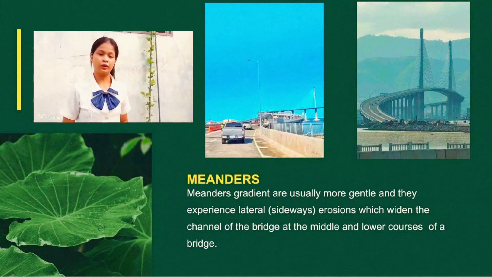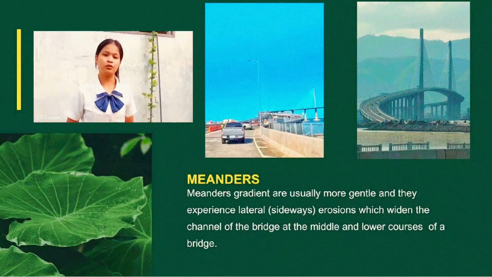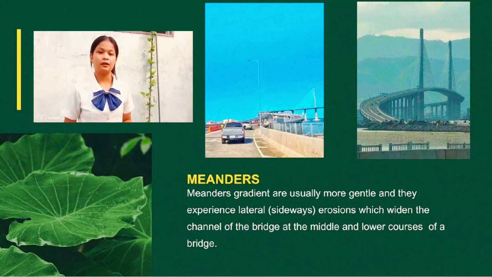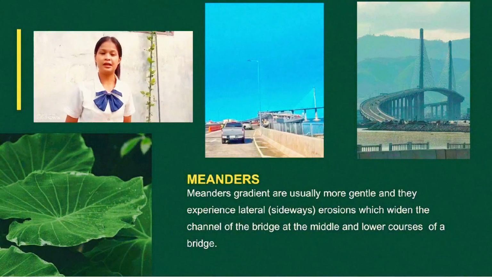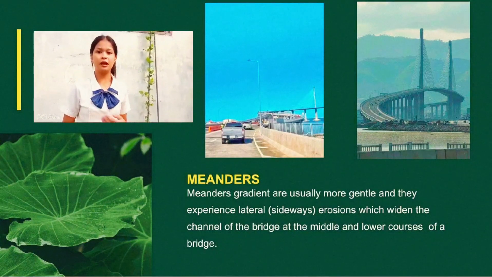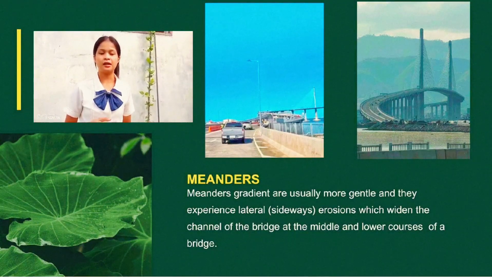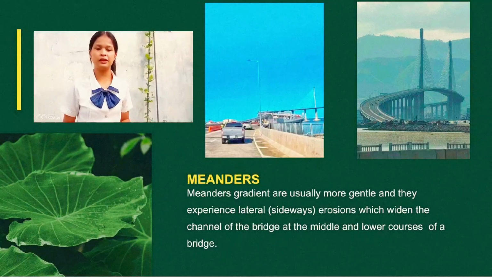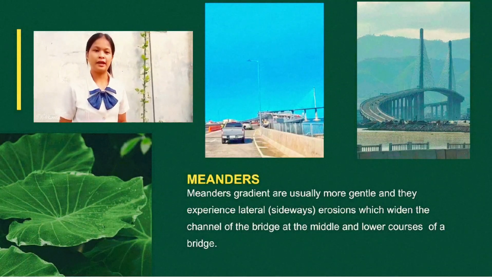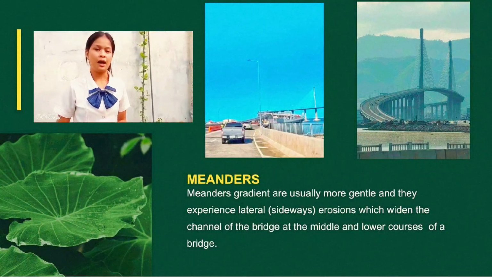And I captured one example of a meander pattern. In the picture, as you can see, it is the Marcelo Fernan Bridge, and it is mostly known as the Sisolex. It is located in Lapu-Lapu City, Cebu, and this was captured during the Sinulog Festival.